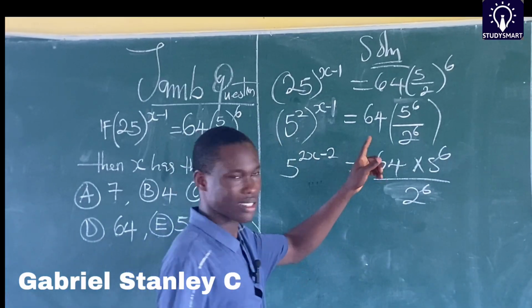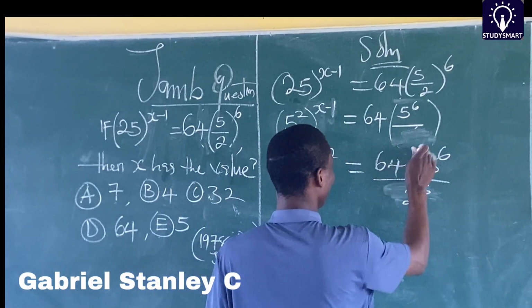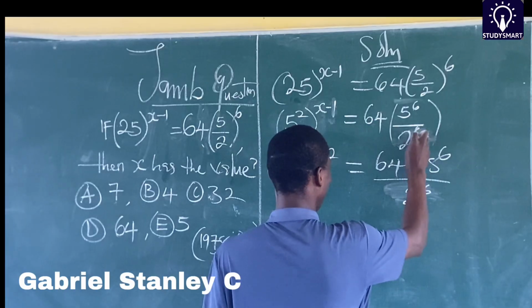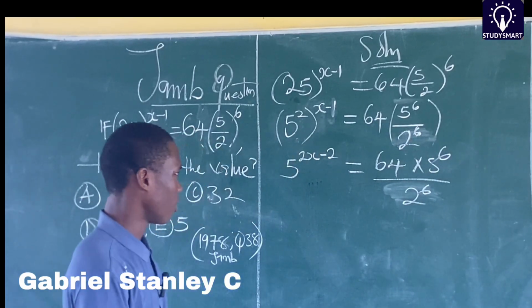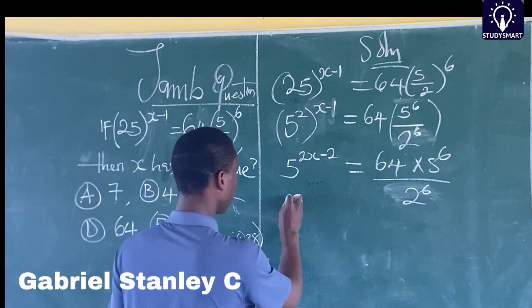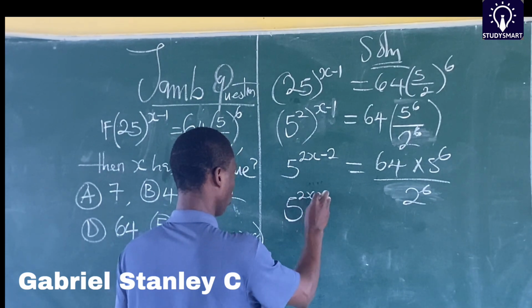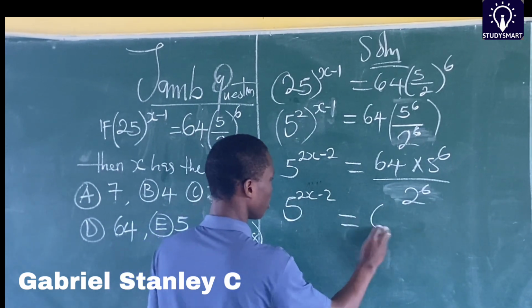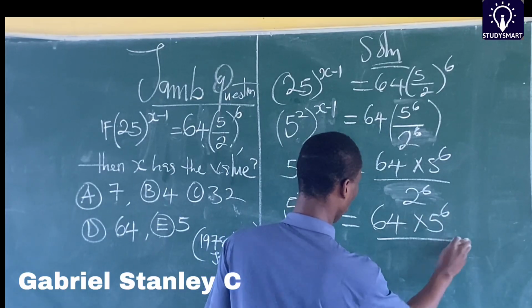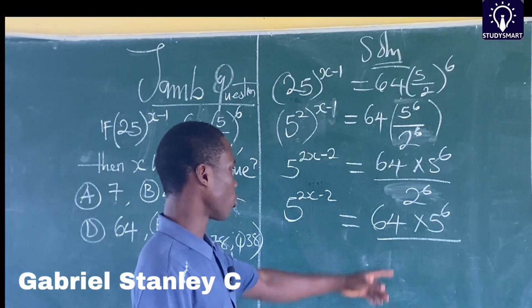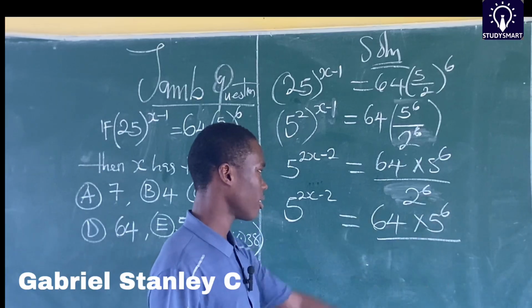This is not 26, it's 2 raised to power 6. So this becomes 5 raised to power 2x minus 2 equal to 64 times 5 raised to power 6 over 2 raised to power 6.